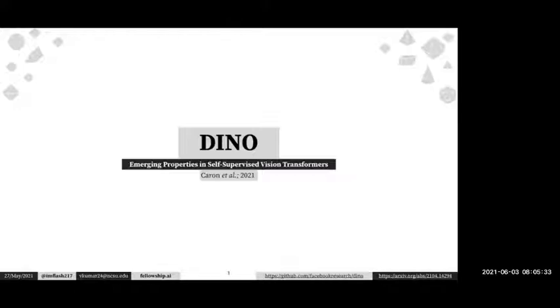This paper focuses on what kind of meta learning is being learned by the internal layers of the vision transformers, and more specifically when we train it with self-supervised methods versus when we train it with supervision.